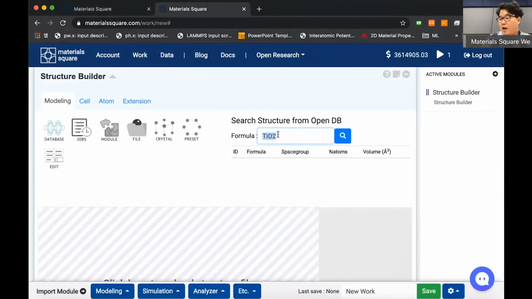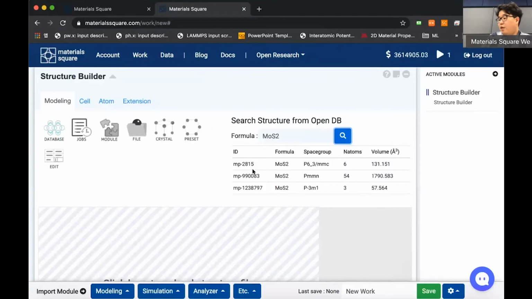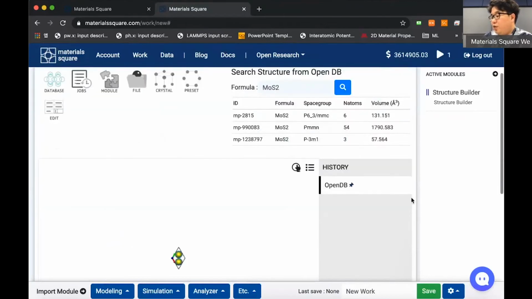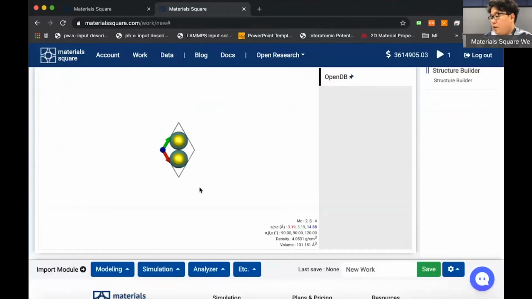For example, I'm interested in MoS2. Press MoS2 and search. MP is the Materials Project, right? In the Materials Project, many crystal information entries are included. So if you want to use MoS2, it looks like this. Okay, it's very easy.